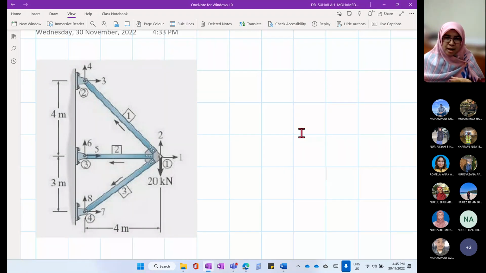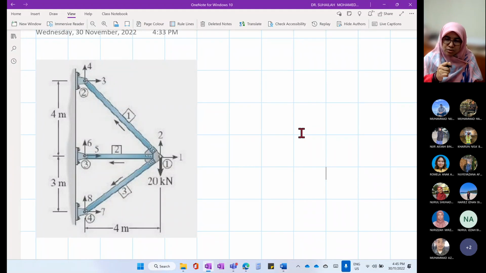Okay, so the idea is like this. We are going to analyze a structure. In the stiffness matrix method, we have to divide the structure into elements, because we start to analyze the structure by forming what we call the stiffness matrix for elements, stiffness matrix for member.